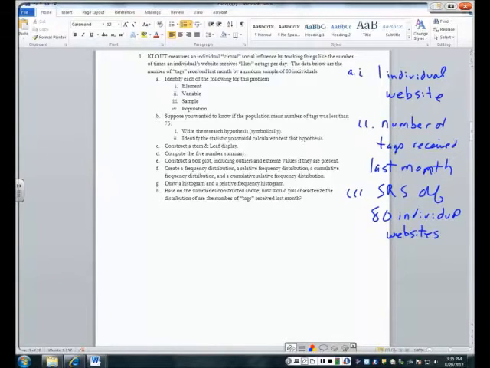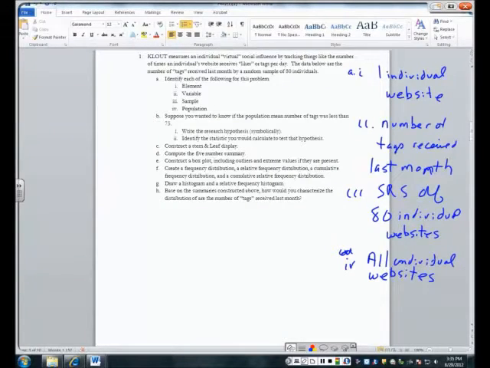And the population then would be all of the individual websites. If you had, on this problem, just put on the element one website, and then in 3 put 80 websites, and 4 all websites, that would have been sufficient to answer this question.